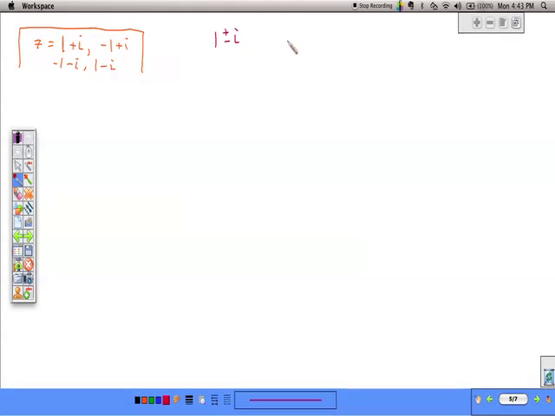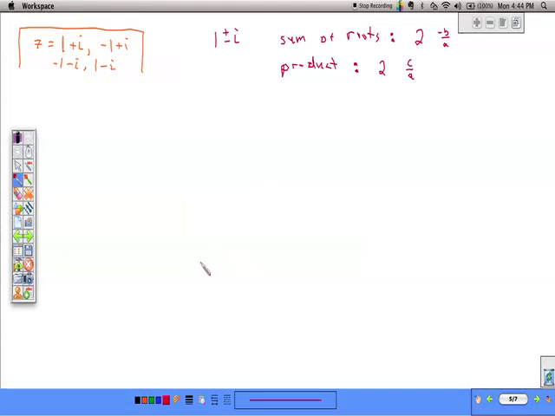For those two roots, the sum of these is going to be 2. Remember, this is negative b over a. The product, 1 plus i times 1 minus i, is also 2 in this case. Remember, that's c over a.